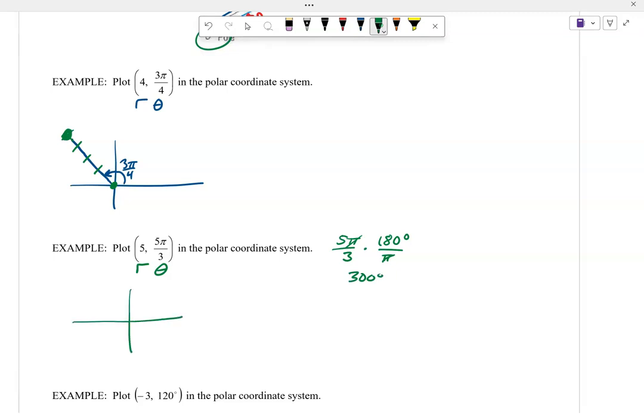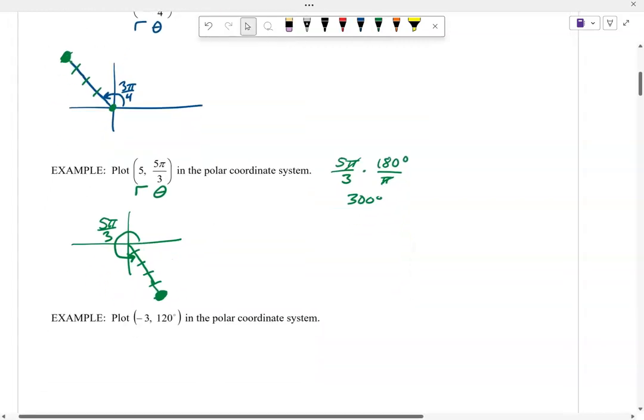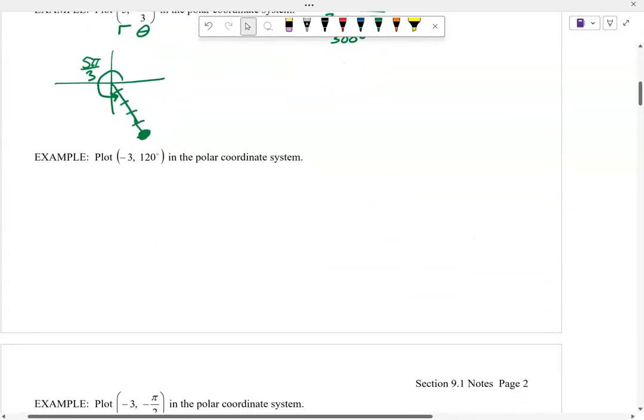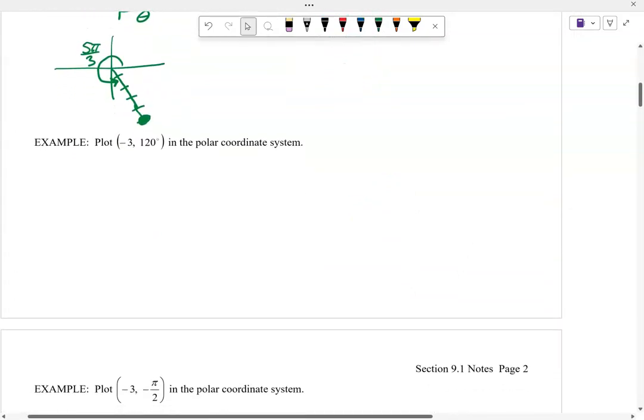So you're rotating 5 pi thirds, so 300 degrees, and then you're going out 1, 2, 3, 4, 5, and you're putting the point. That's where the point is in polar coordinates. Again, it's a new way to plot points called polar coordinates.